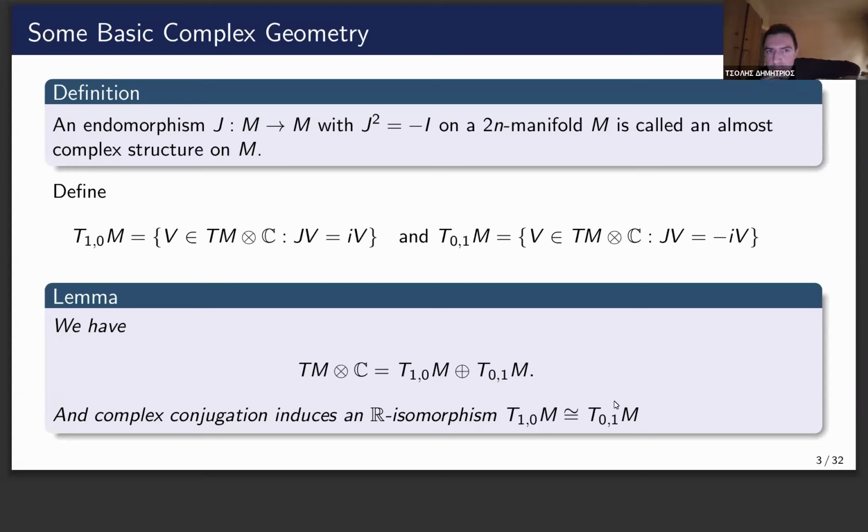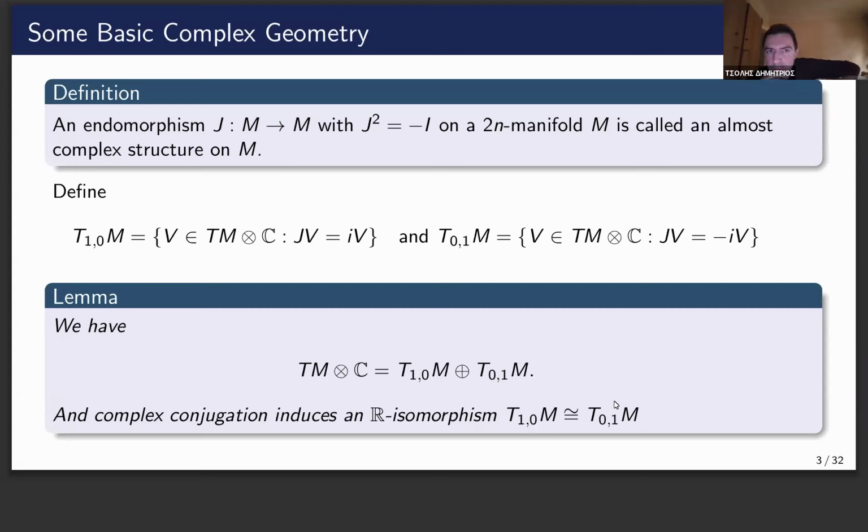And then we can define those types of bundles. We define T^{1,0}M, like shown here, and T^{0,1}M, as shown here. Those two bundles we call the holomorphic and the anti-holomorphic tangent bundles. And we can see this relation that they satisfy.